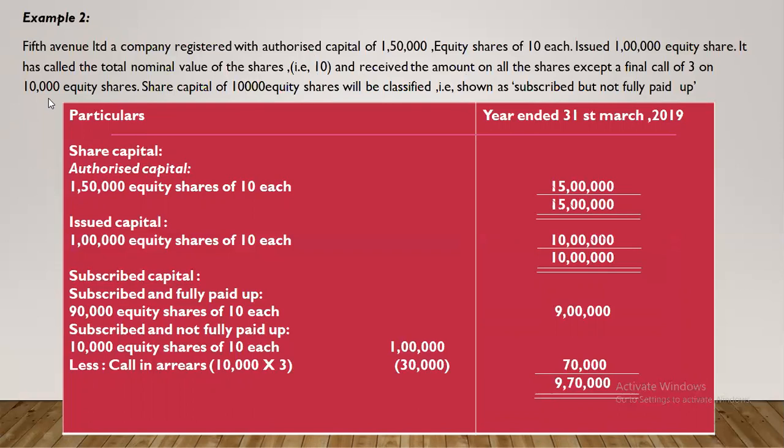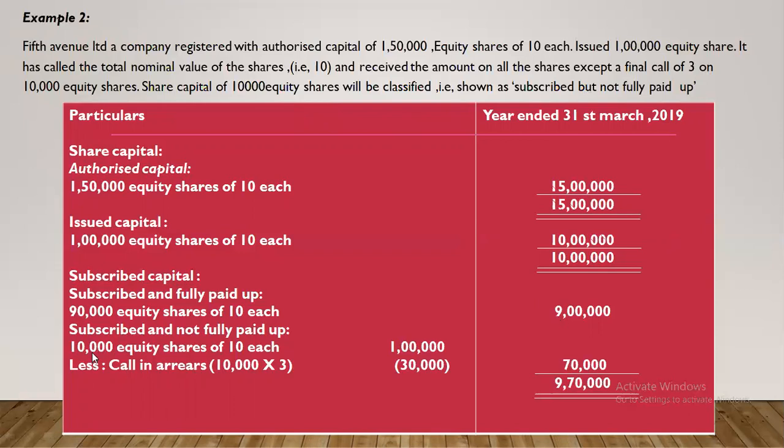So here we'll see out of 1 lakh shares, on 90,000 shares rupees 10 is received and on 10,000 shares only rupees 3 is received. So we'll keep them separately. First we'll take 90,000 shares. 90,000 shares face value is 10, called up is 10, paid up is also 10. So this will be shown separately under subscribed and fully paid up.